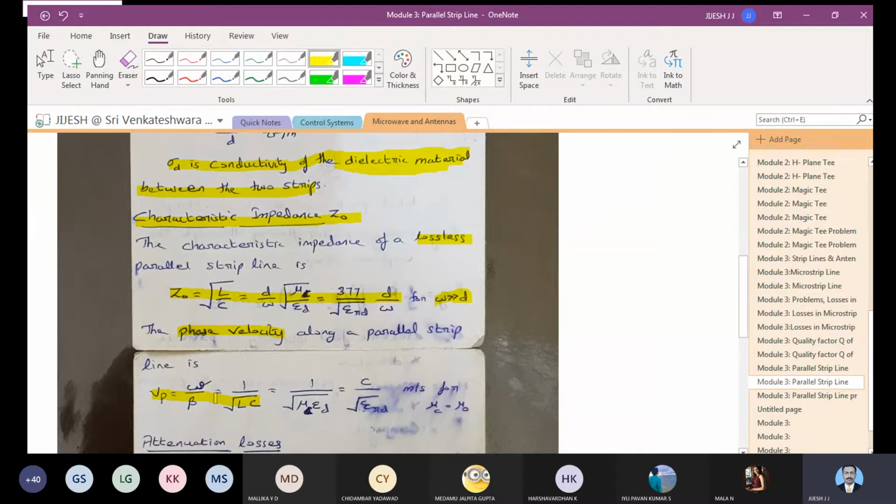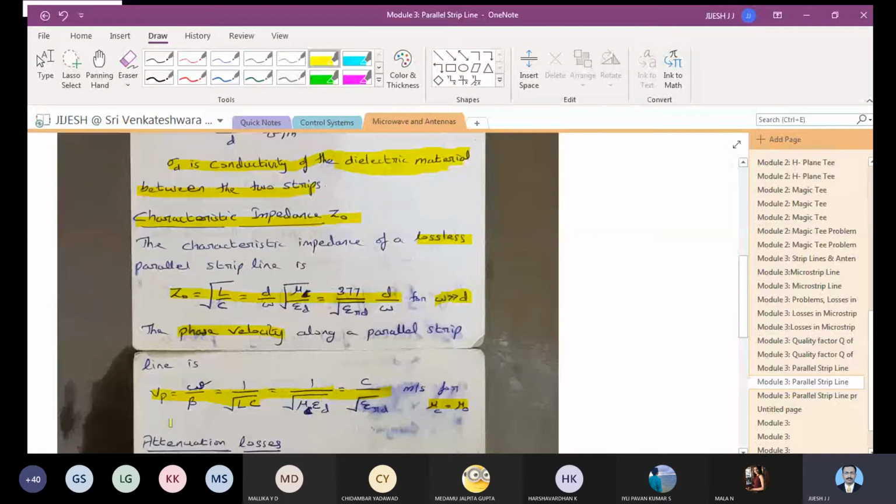This is the same as 1 by root of mu C epsilon D, where mu C is equal to mu naught. We are considering mu naught and mu C to be the same, and Vp can also be written as C by root of epsilon RD.